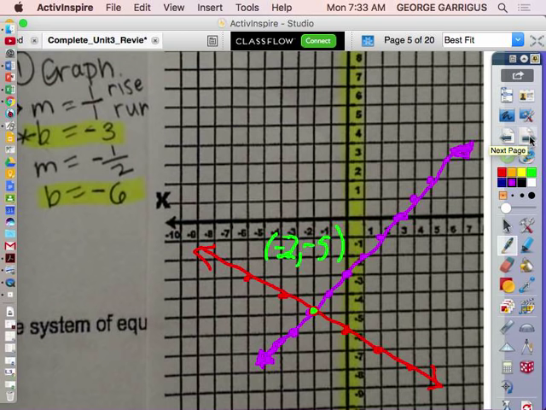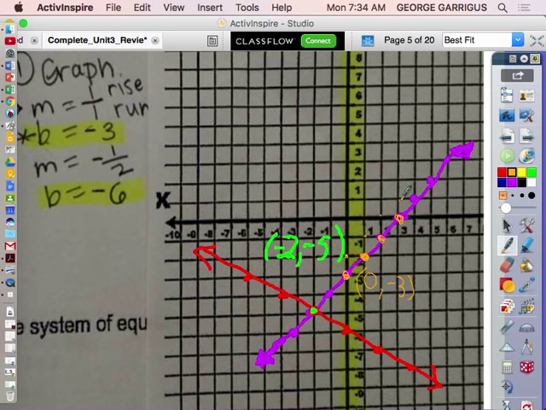So here we have already graphed Thursday and Friday. We graphed and we started at the point 0, -3, which was located here, and we rise 1, run 1, rise 1, run 1, rise 1, run 1, and we had a nice purple line.